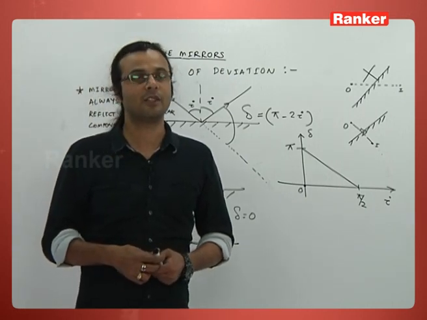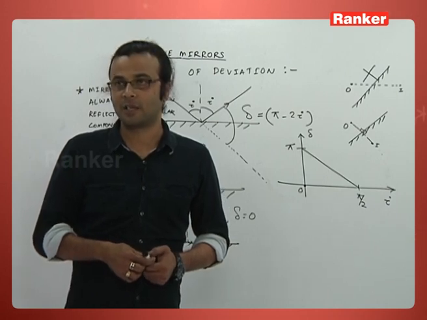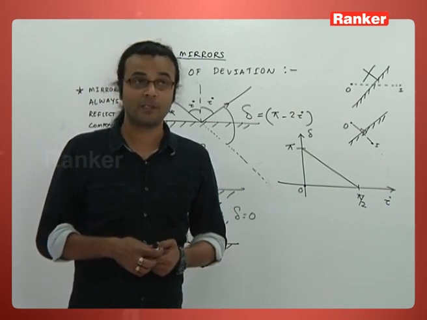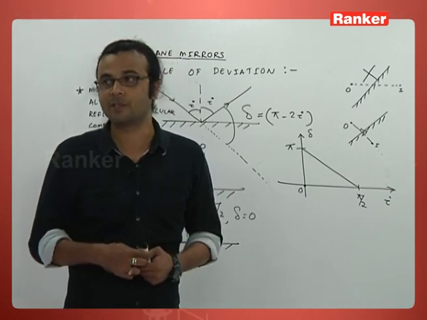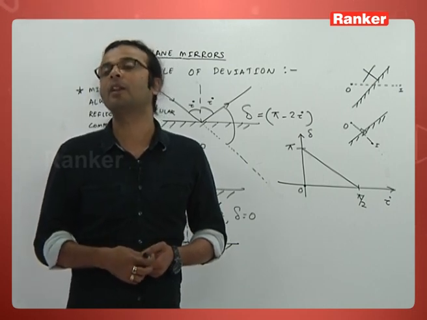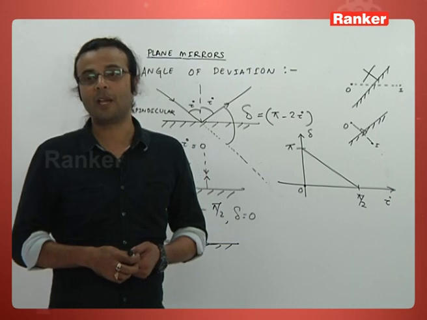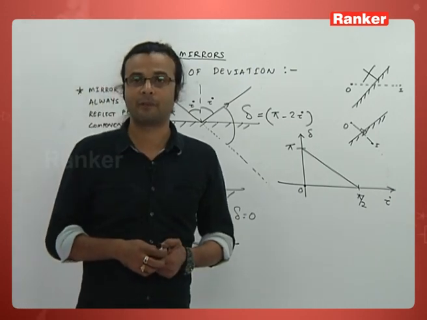When the incident ray is rotated by an angle theta, keeping the mirror fixed, the reflected ray will rotate by the same angle theta, but in the opposite sense, keeping in mind that the angle of incidence must be equal to the angle of reflection.